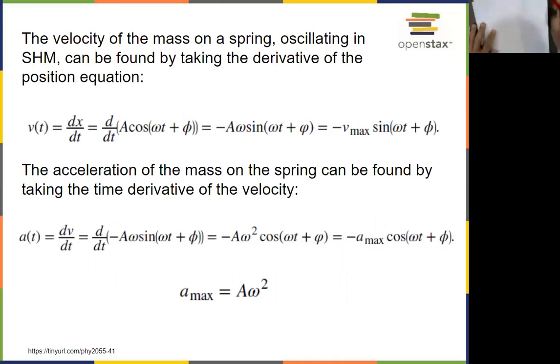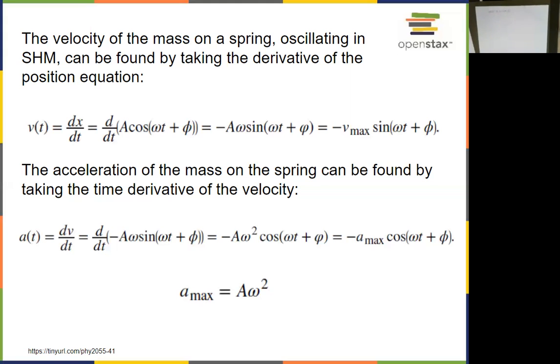I'm going to write down the position as a function of time t because we are going to be referring to it. x as a function of t equals A cosine of omega t plus phi. This is the general expression.